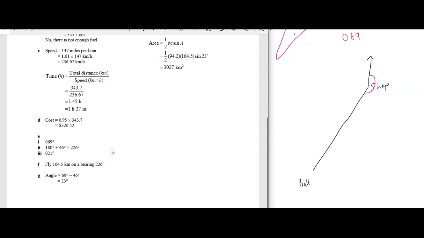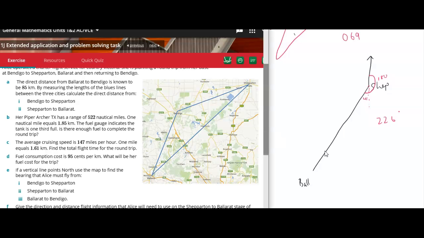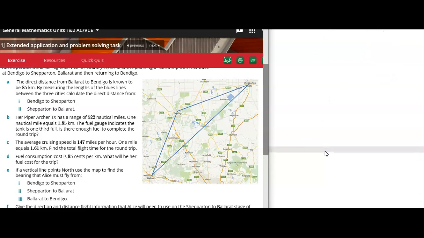So 226. So this angle here is 180 and this angle here is 46. So altogether, it gives you 226 degrees. And then the last one, we're going from Ballarat to Bendigo.